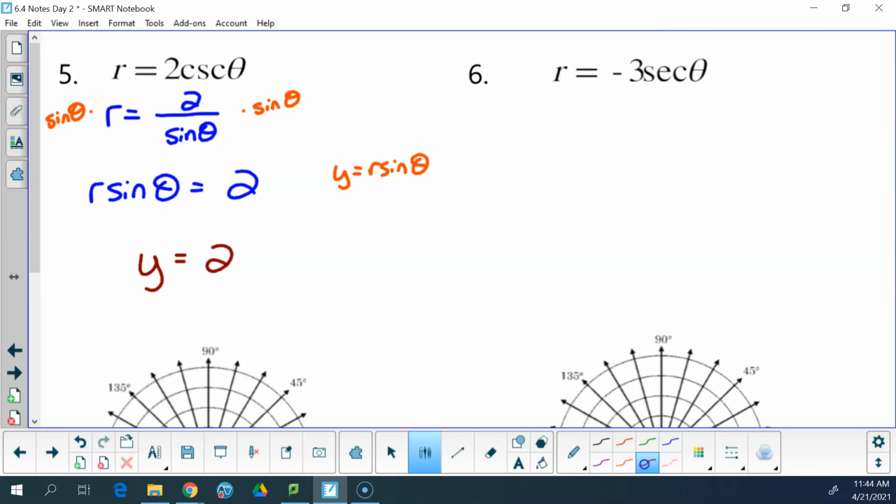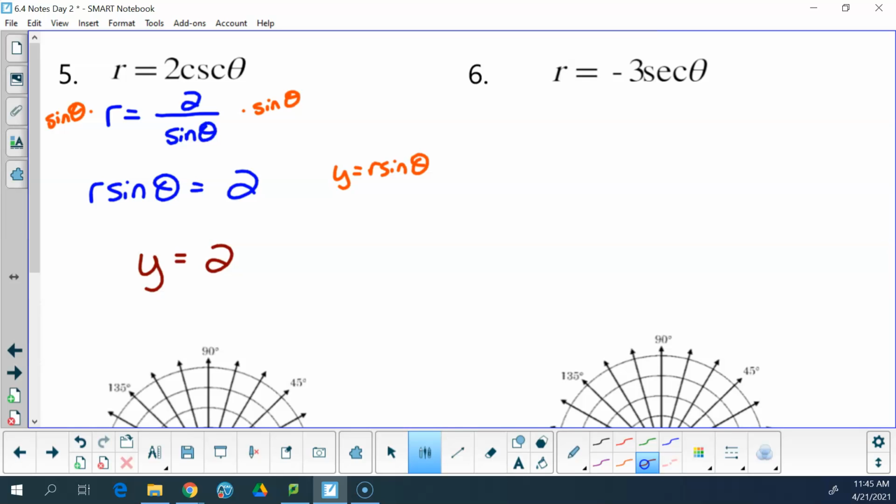In a Cartesian XY graph, what does y equals 2 graph out to be? It's a line. What kind of line?